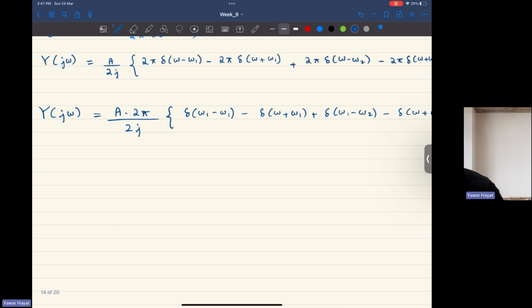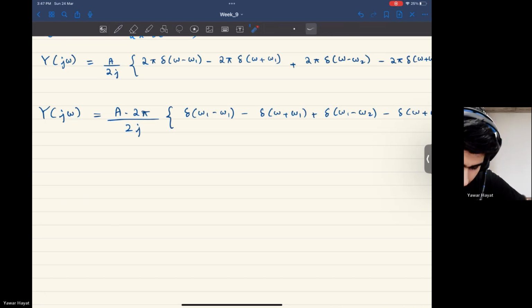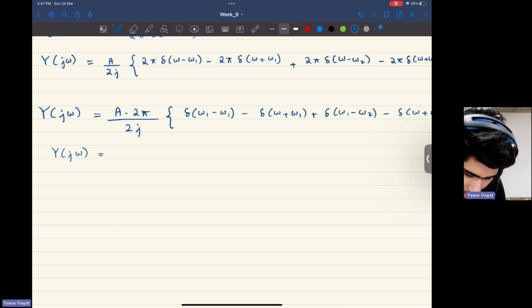This j can be like this. 2 and 2 cancel out, right? Will I be left with Y of j omega, and that would be equal to j.